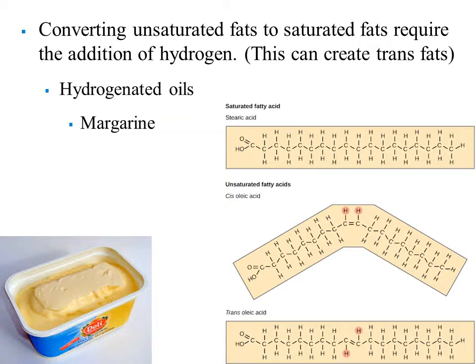But by adding 2 hydrogens, you can straighten this kink up and it will appear like the saturated fat above it. But sometimes in the process of adding the hydrogen, you create a geometric isomer. This isomer is called a trans fat.